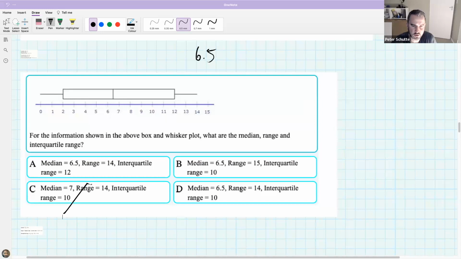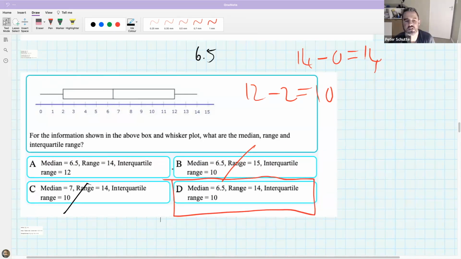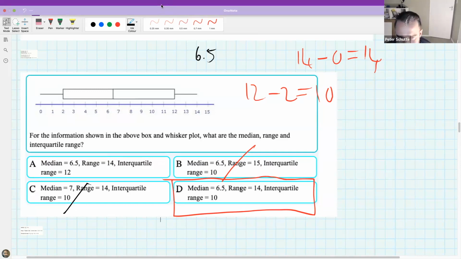So I can cross that out straight away. The range has to be 14 minus 0, so 14, so that's gone. And then the interquartile range has to be 12 minus 2, which is 10, and 6.5, 14, and so D is going to be the correct answer there.